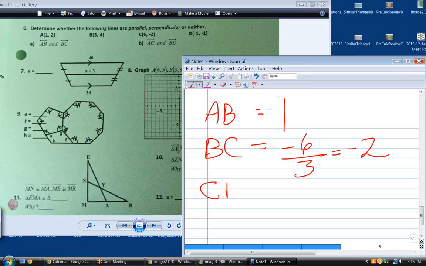Okay. CD. What? Hold on. They don't ask about CD. They ask about AC. What's the slope of AC? -4 and 5. It's a ratio.